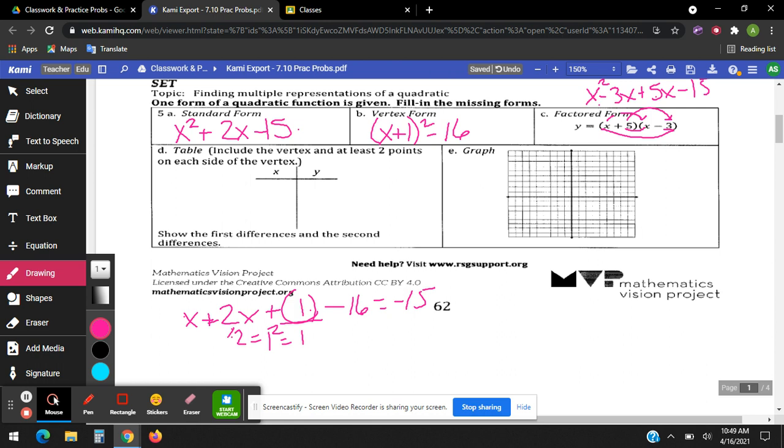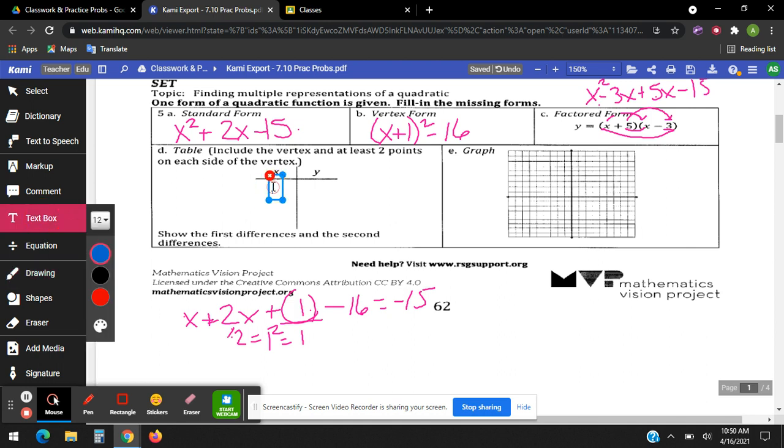All right, so my table, if I'm going to start with my vertex, I'm just going to use a text box for this. My vertex has an x of negative 1.